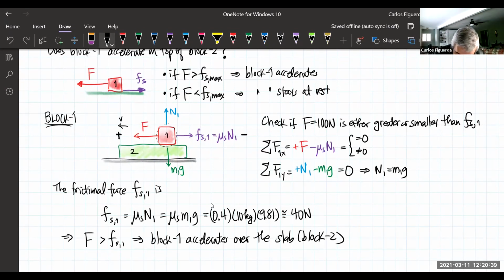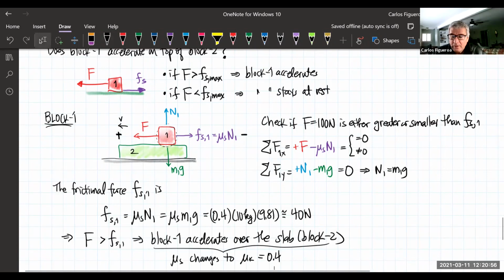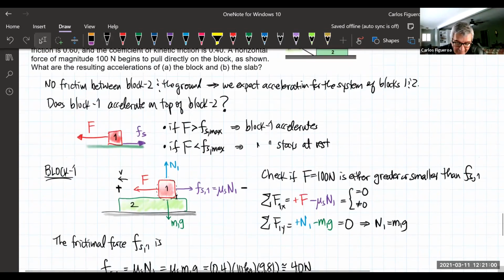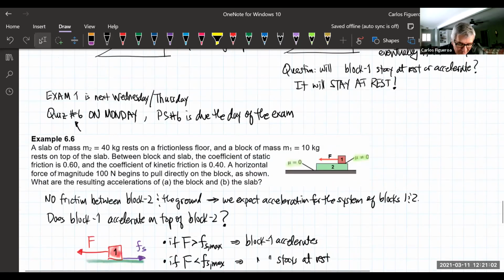If it accelerates, that means mu of S changes to mu of K. And mu of K in this situation is 0.4. Oh, is it 0.4? Oh man, am I messing up with my numbers again? Oh man, look at that. Static friction is 0.6.